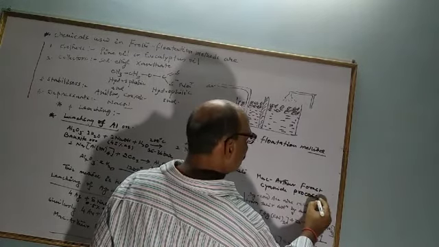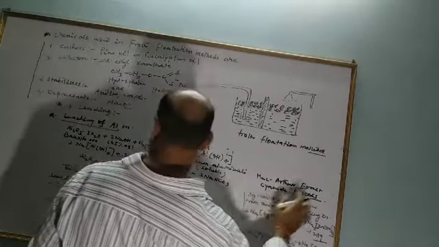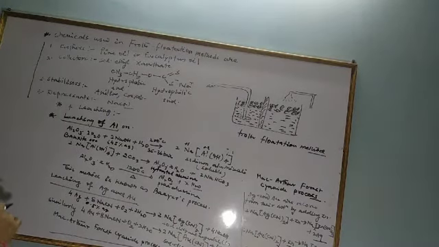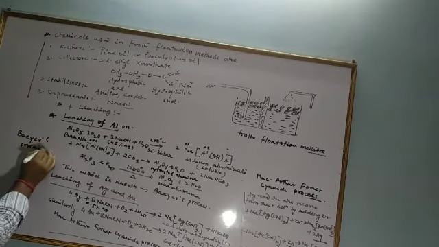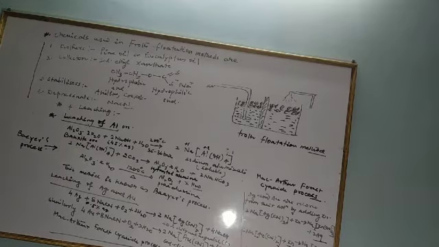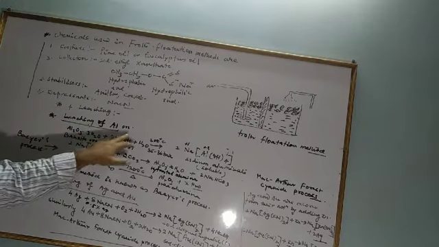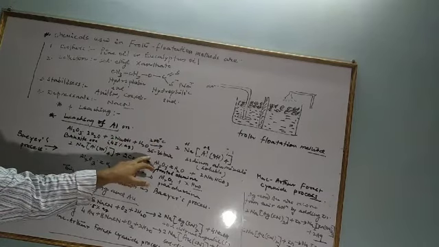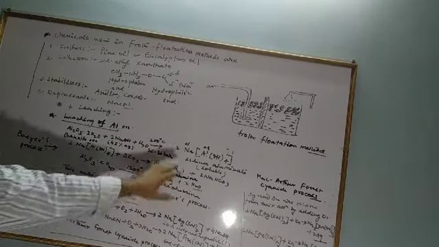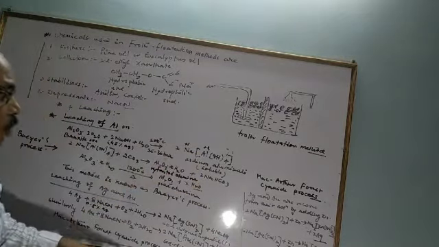Leaching of gold and silver is done by the MacArthur-Forrest cyanide process, and leaching of aluminium is done by the Baeyer process, in which bauxite ore is treated with 45% aqueous solution of NaOH at 200 degrees Celsius and 35 to 36 bar pressure. We get soluble sodium aluminate, which remains in solution.